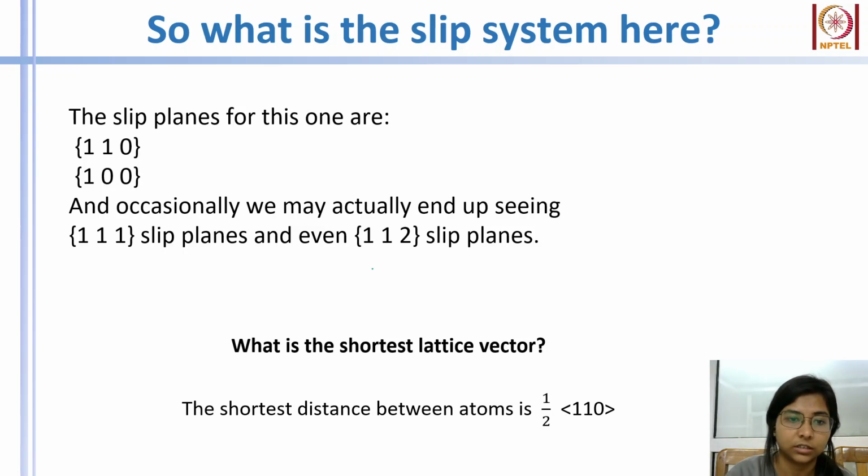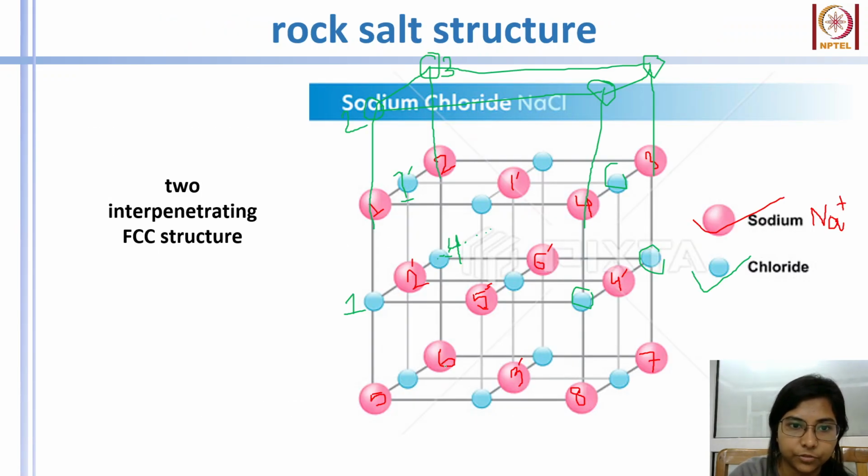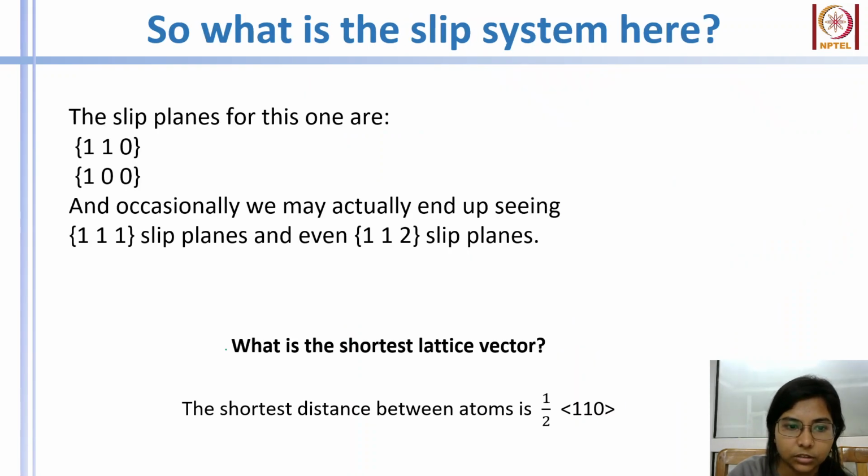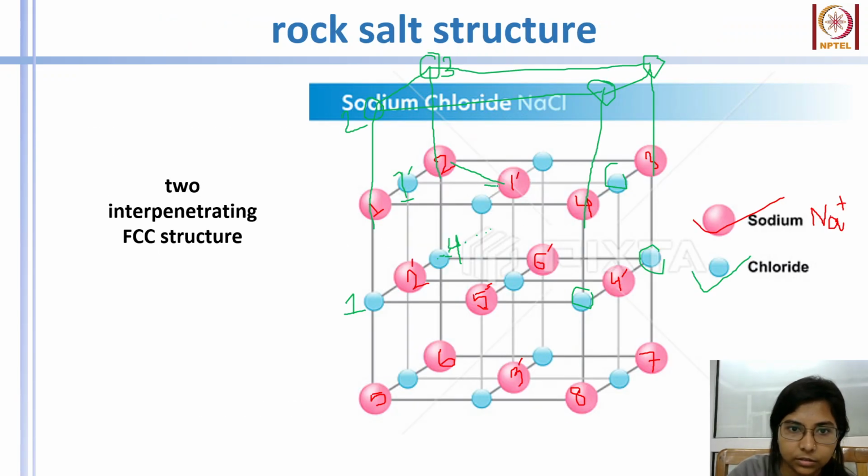The shortest lattice vector is similar to what we observed in case of FCC, because if you look from any top face, like here if you consider this face, and look from the top, then this will be the shortest lattice vector. The shortest distance between 2 atoms is the same, so it is half of 110.